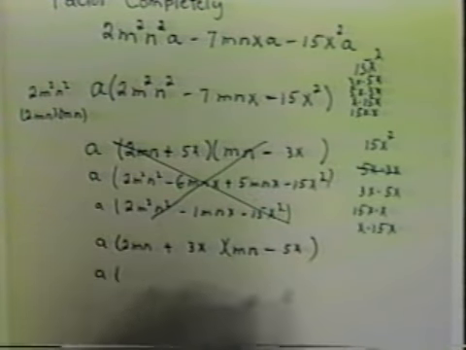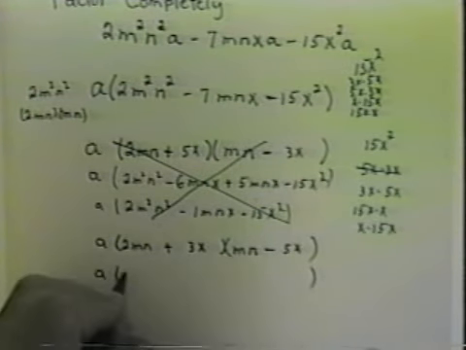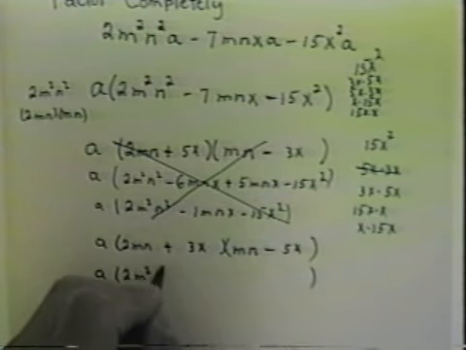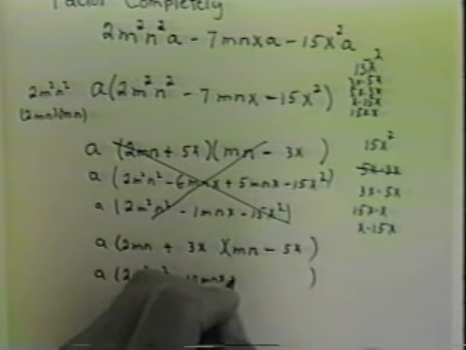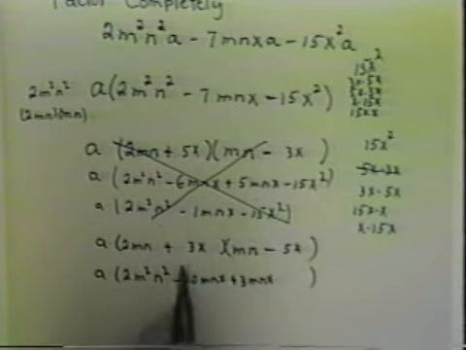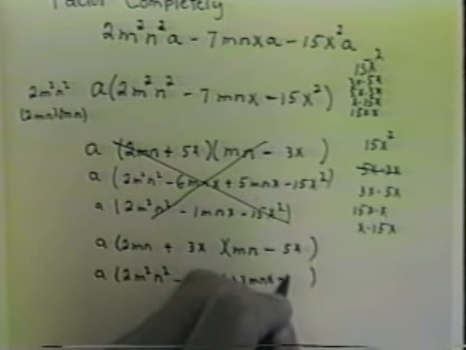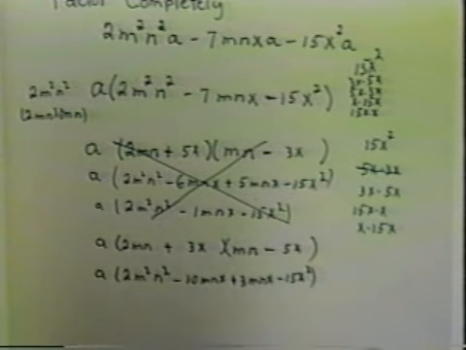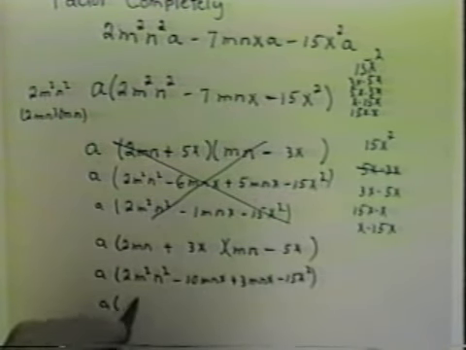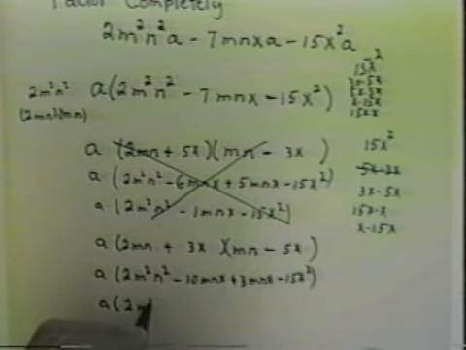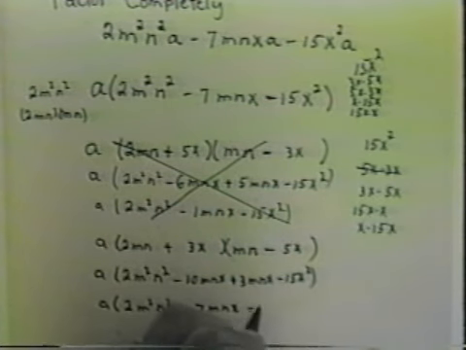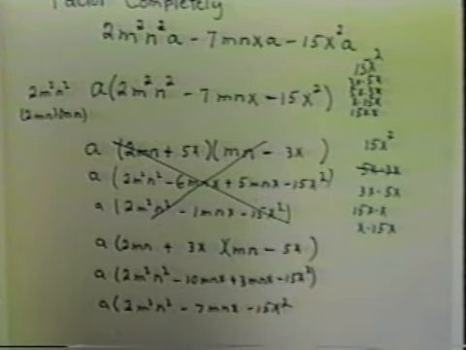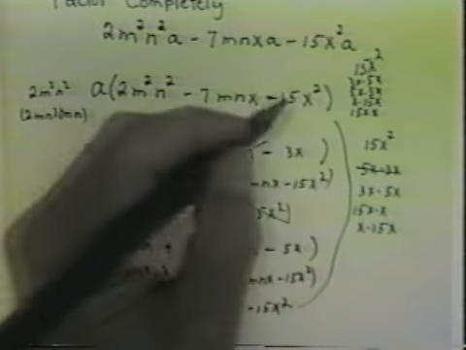So it'd be a times, now 2mn times mn is 2m squared n squared minus 10mnx plus 3mnx minus 15x squared, which gives me a times 2m squared n squared minus 7mnx minus 15x squared, which is back up to this point.